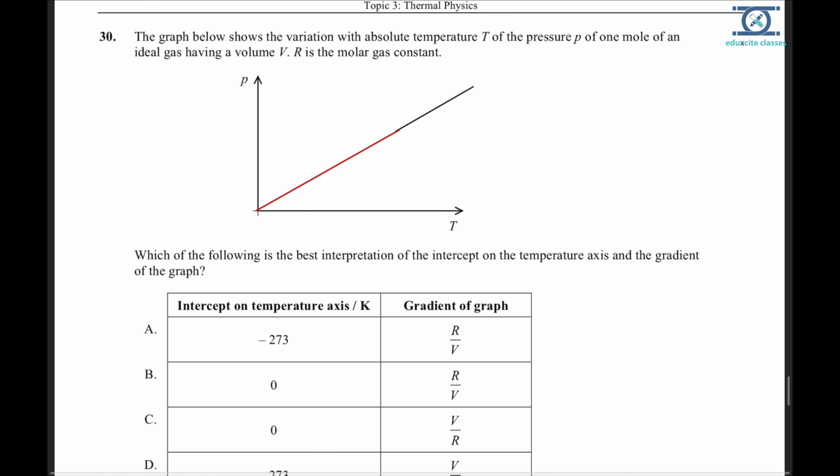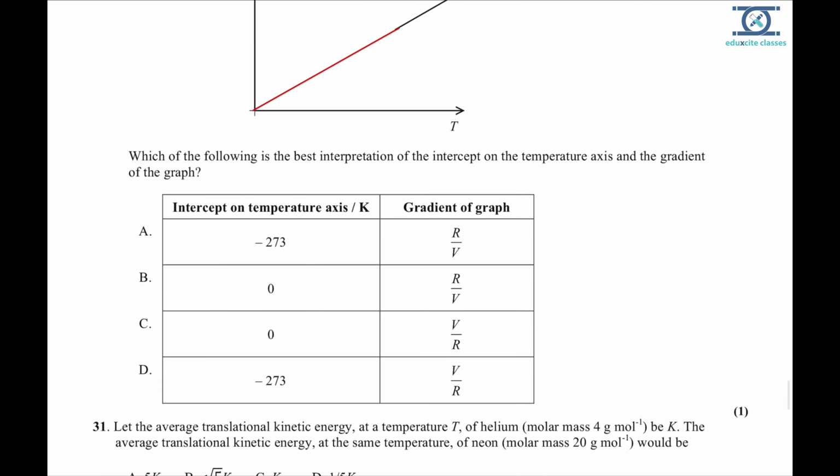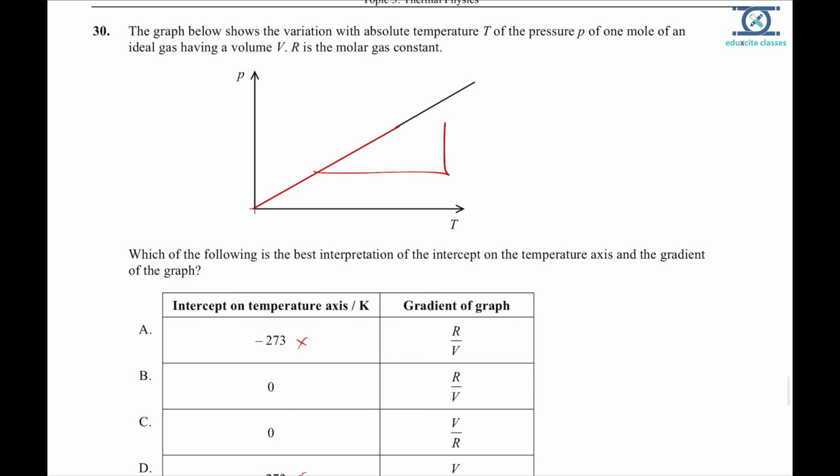Now if you see for this question, the intercept is 0. You can see it is meeting at 0. So the intercept is 0, and this and this get cancelled. Now the gradient, which is P by T. PV equals nRT. n is 1 because it is asking for 1 mole, and R and V are constant because this is happening at constant volume.